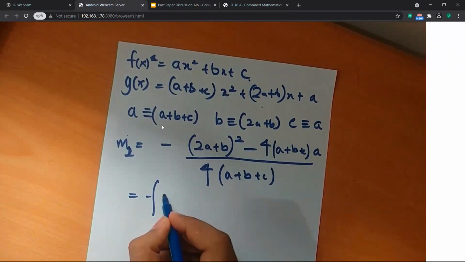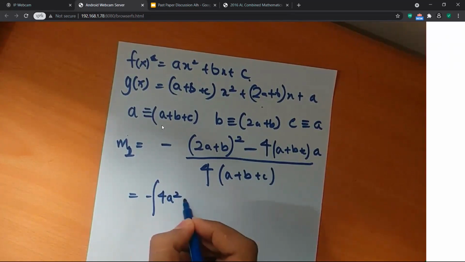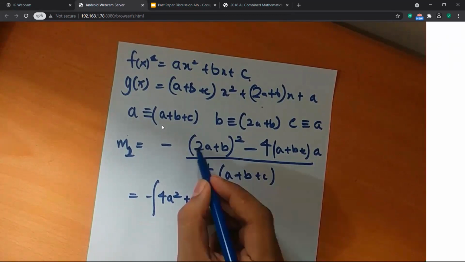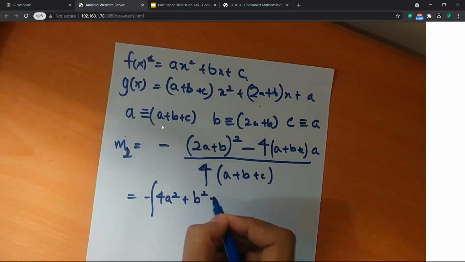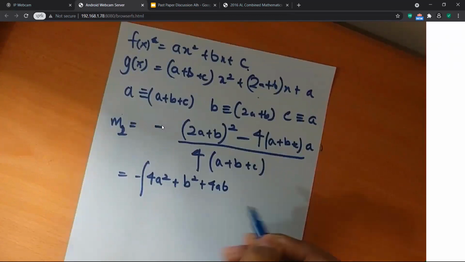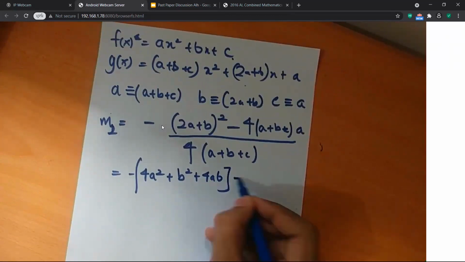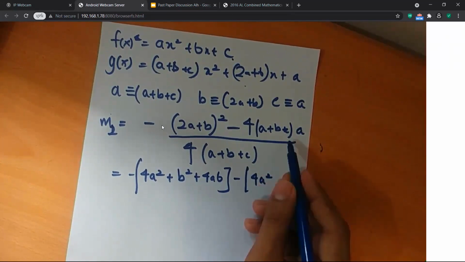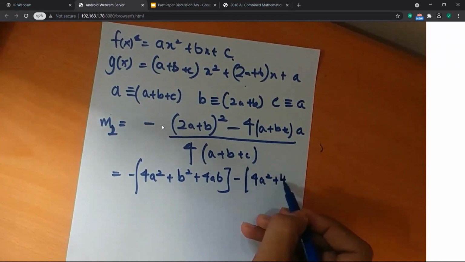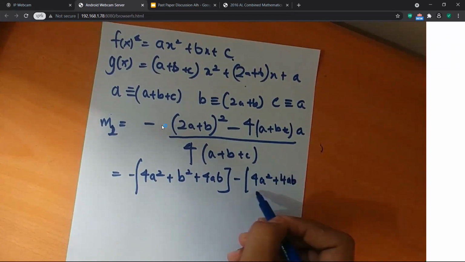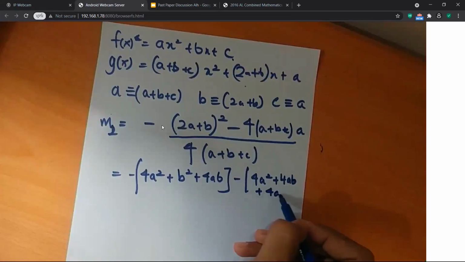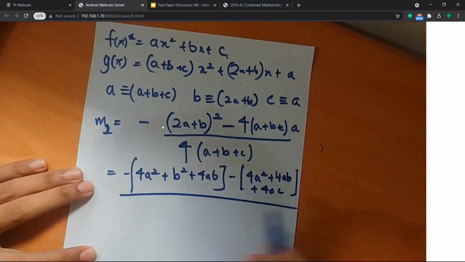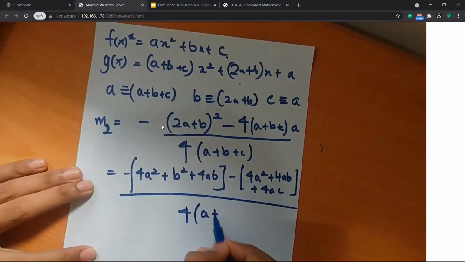Twice a, if you square it, is 4a squared, plus b squared, plus this multiplied by this, multiplied by 2, which is 4ab, minus, if you multiply the whole thing out, 4a squared plus 4ab plus 4ac, divided by 4 times a plus b plus c.